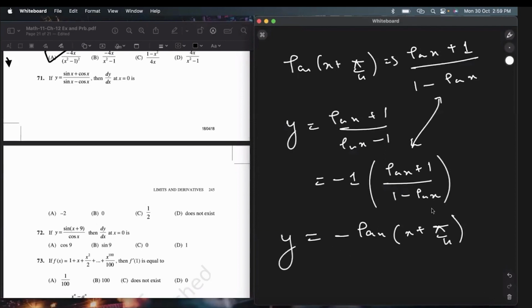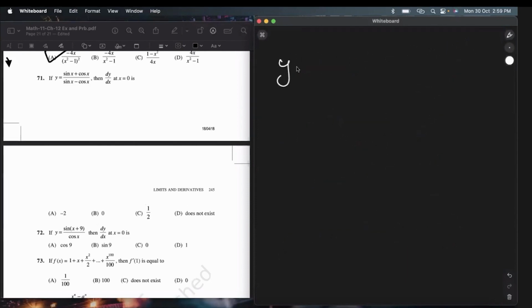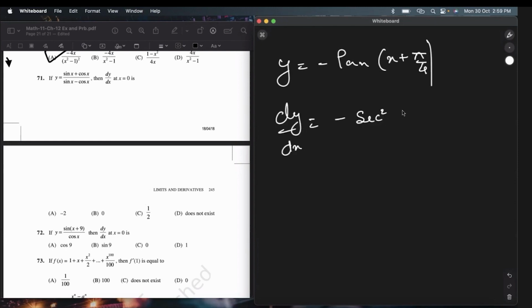Alright, this is the new y. Now, my question is not tan x plus 1 and all that. My question is minus tan of x plus pi by 4. Now, if I differentiate this, dy by dx: the derivative of tan is sec square, so minus sec square of x plus pi by 4.